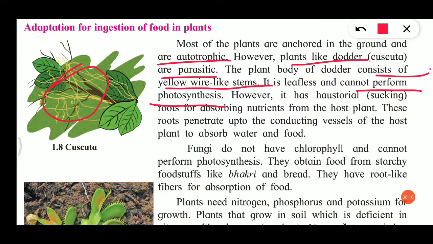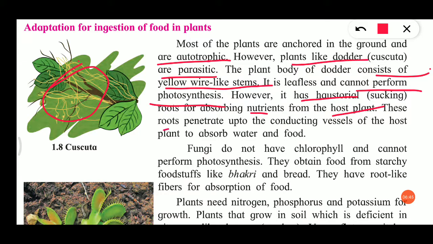It means it cannot make its own food. So for living, it has haustorial roots for absorbing nutrients. Their roots absorb the nutrients from another plant, which is the host plant. Because they don't make their own food, they absorb nutrients from another plant.